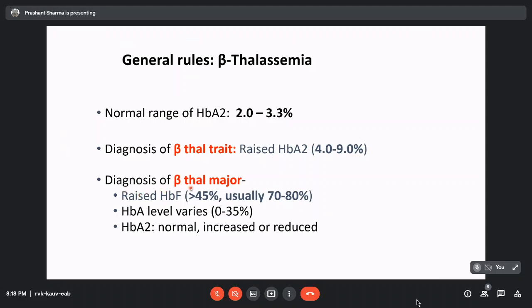For a case of transfusion dependent or even independent beta thalassemia, we need to have a raised hemoglobin F, which is always more than 45% and usually more than 70 to 80%. The HbA level, of course, is going to vary depending on how much space F is occupying, and A2 levels are often increased but can also be normal or reduced.